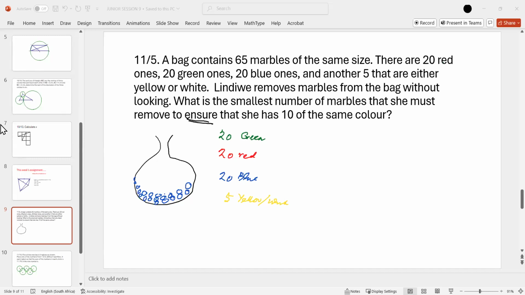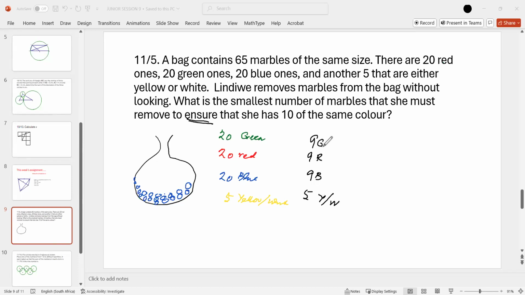She could have withdrawn after a certain time. She looks at the coins in her hand. She sees that she's got 9 green, 9 red, 9 blue, and she has all of the others, 5 yellow and white.